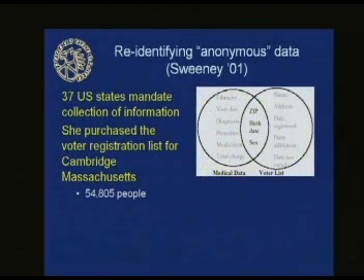Well, taking this voter list information, which you really want public, and medical data that 37 US states mandate be collected and made available because it's anonymous. There's no name in this.